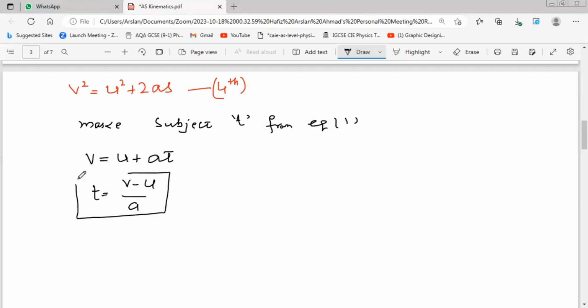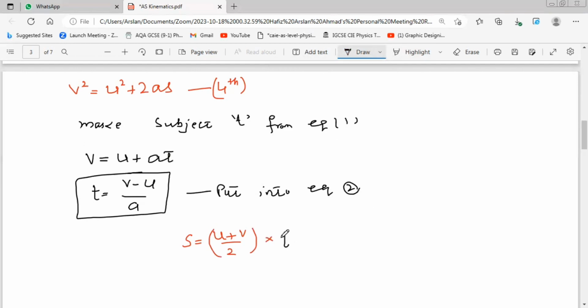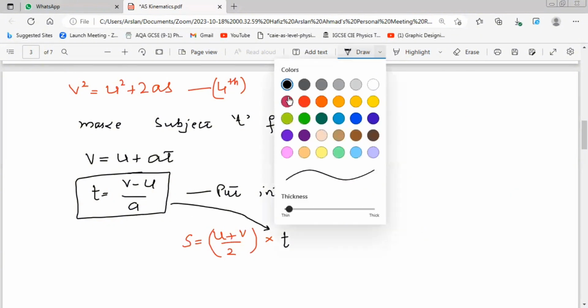So this is the value of t. Put it into equation number 2. Equation number 2 is s is equal to u plus v divided by 2, this is average velocity, multiplied by t. I'm going to write in black because I will put this value for t.